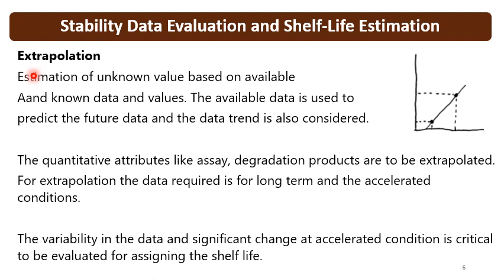If it is an analytical error, then if required, data can be generated once again by testing or repeat testing for your understanding and performing the extrapolation. But if it is variable, then that variability should be considered.